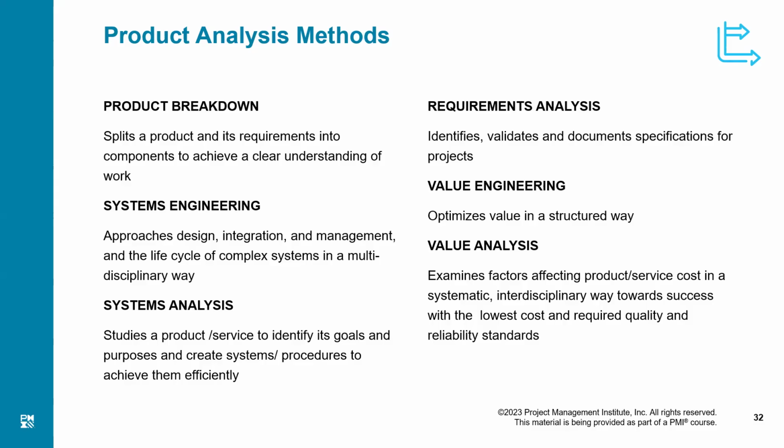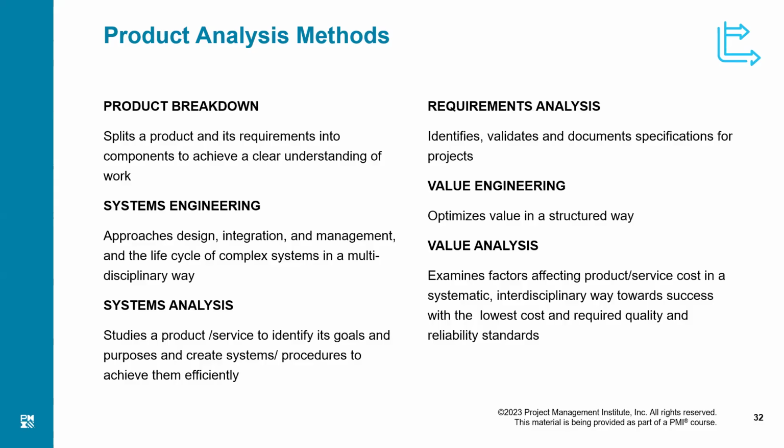So I can break the whole project or the product into smaller pieces or parts. That is a product breakdown. But this breakdown is done from the product orientation. If I am not looking at the product orientation and I'm trying to break down the work of my project, that would be called a work breakdown structure, which I'll define a little while later.